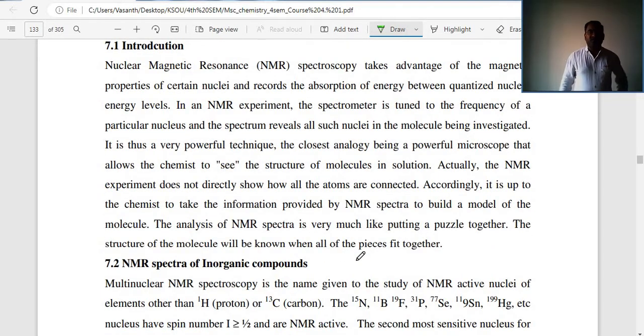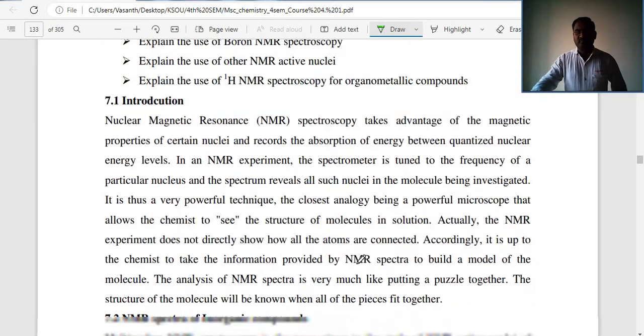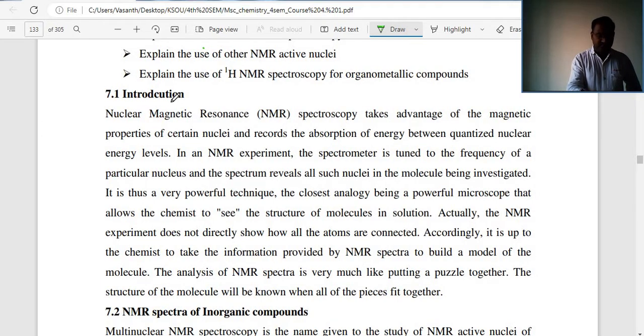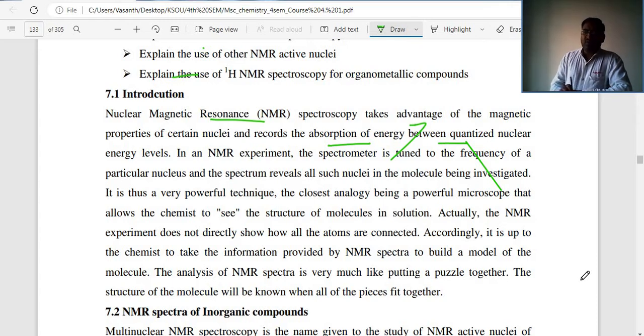Here NMR stands for nuclear magnetic resonance. NMR stands for nuclear magnetic resonance spectroscopy. It takes advantage of the magnetic properties of certain nuclei and records absorption of energy between quantized nuclear energy levels.